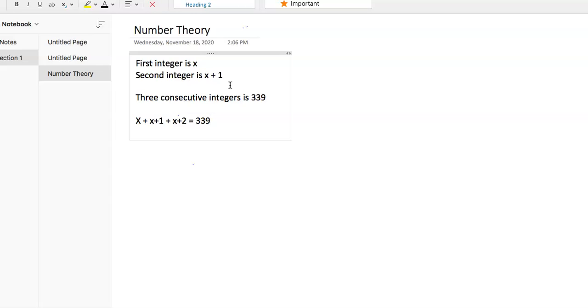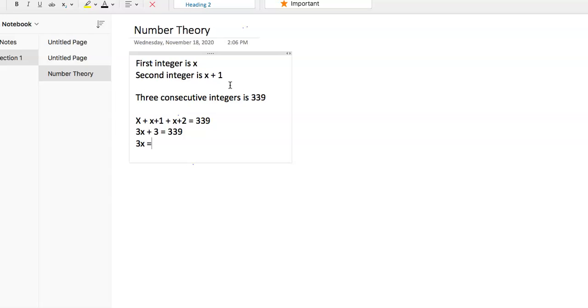And then from here, pretty simple algebra, right? We have 3x plus 3 equals 339.